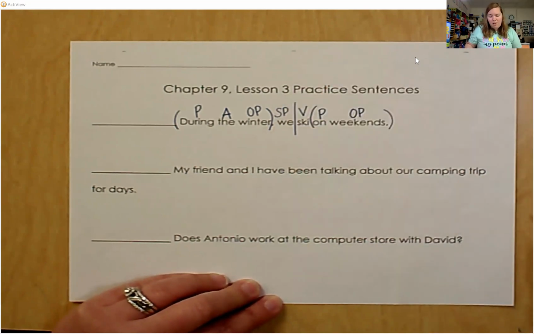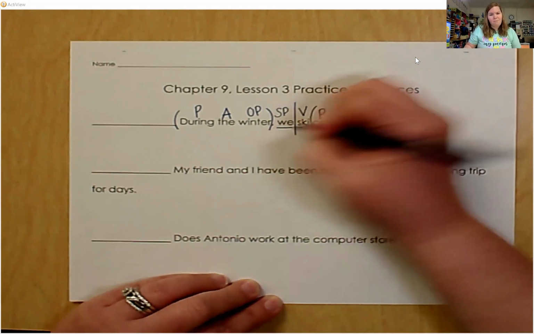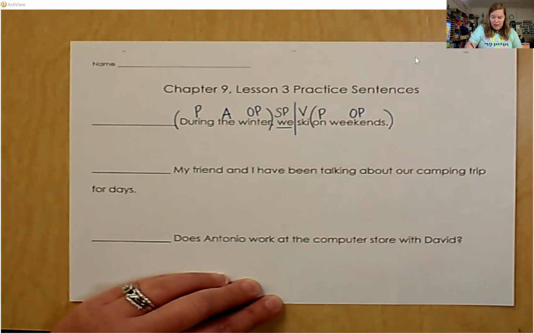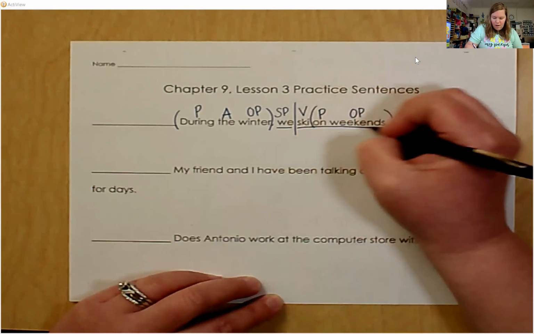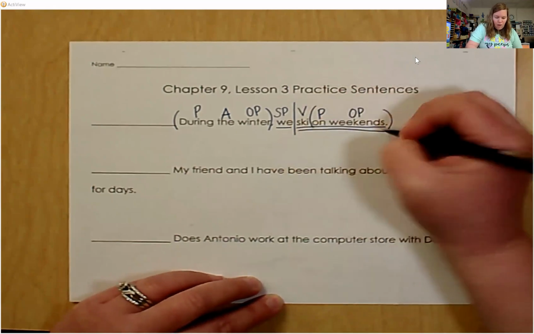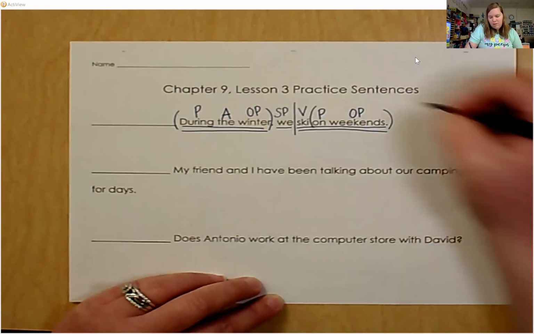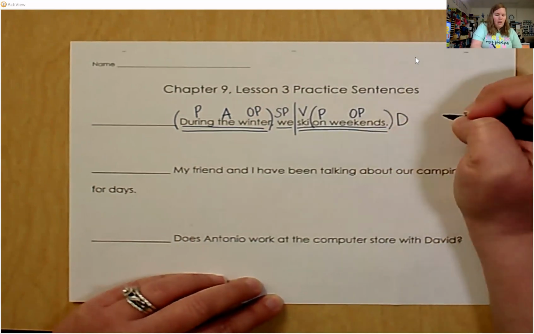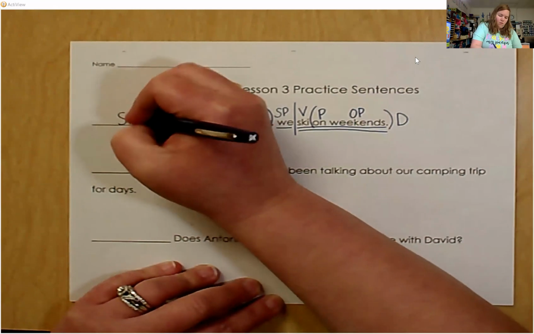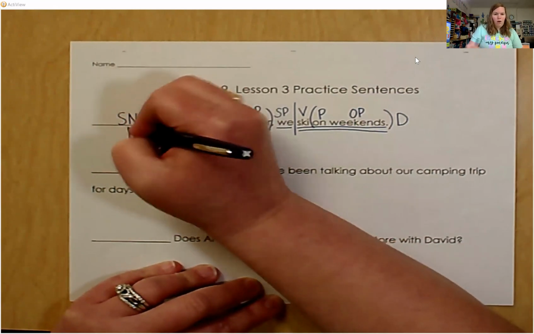So the subject, though, is we. The predicate is ski on weekends during the winter. This is a period statement declarative sentence that follows subject, noun, verb, pattern 1.